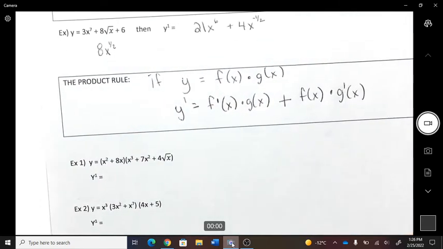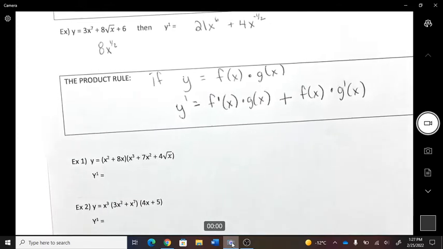So you're going to have to take turns doing the derivative. Okay, so here's an example.